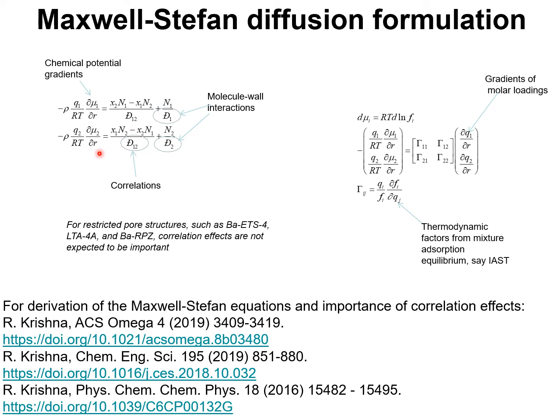The chemical potential gradients can be related to the gradients of the molar loadings Q1 and Q2, and the factor here, which is called the matrix of thermodynamic correction factors, can be determined from a description of mixture adsorption equilibrium, say the ideal adsorbed solution theory.